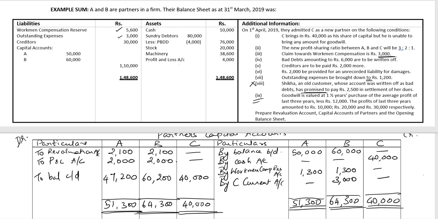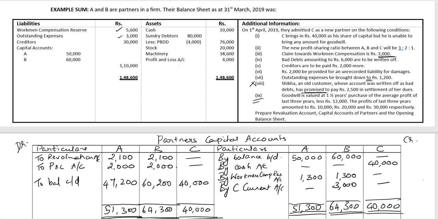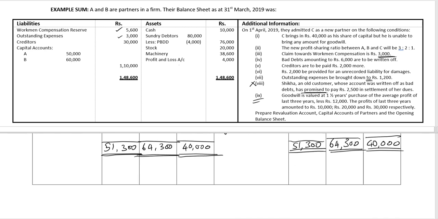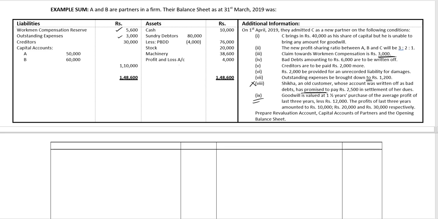So this is a capital accounts which has been prepared by us. Capital balance of A 47,200 rupees, that of B 60,200 rupees, and that of C 40,000 rupees. Let's go ahead to prepare the balance sheet.